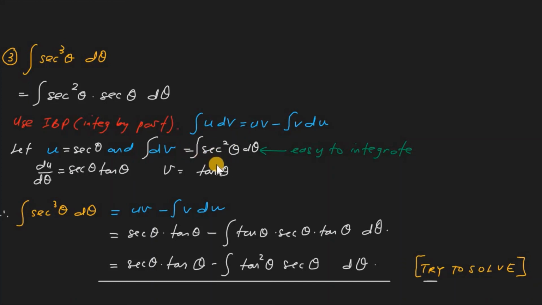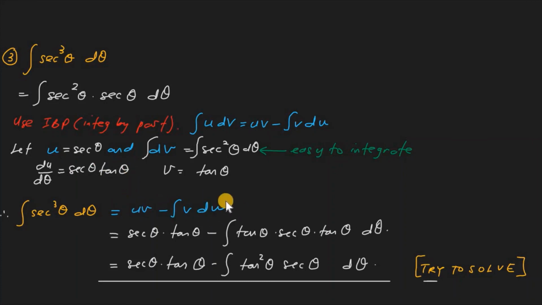As we integrate secant square, look into your formula list, it is given, which is tangent. Easy enough. And the differentiation of a secant is secant theta tangent theta.